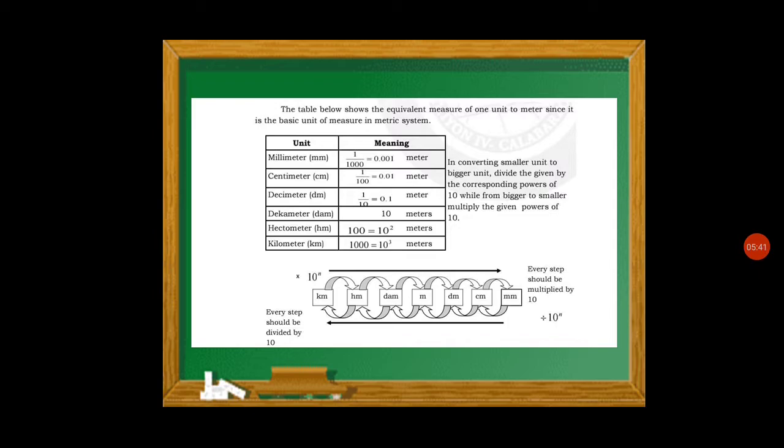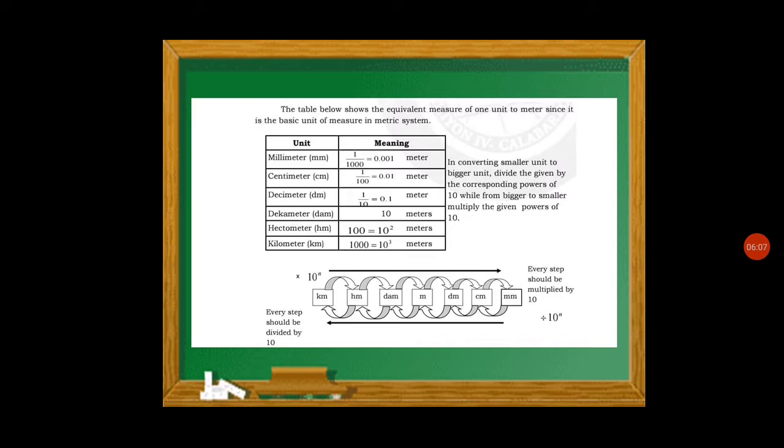In converting smaller unit to bigger unit, you have to divide the given by the corresponding powers of 10, while from bigger to smaller, multiply the given by powers of 10. So every step should be divided by 10. Every step should be multiplied by 10.